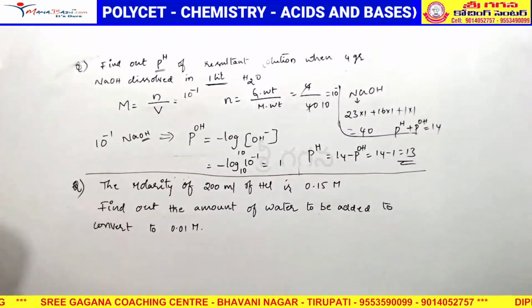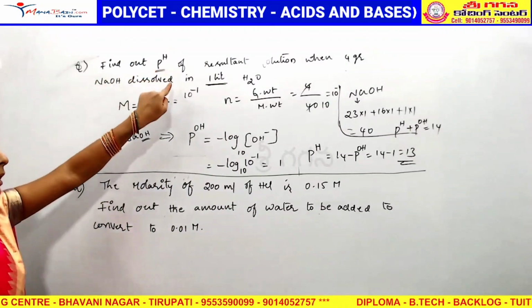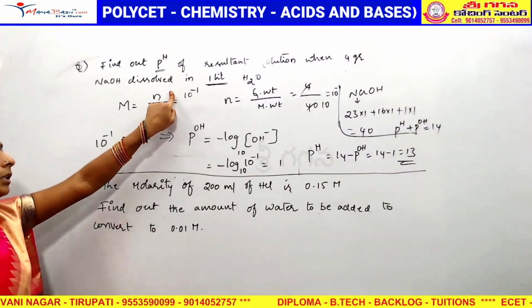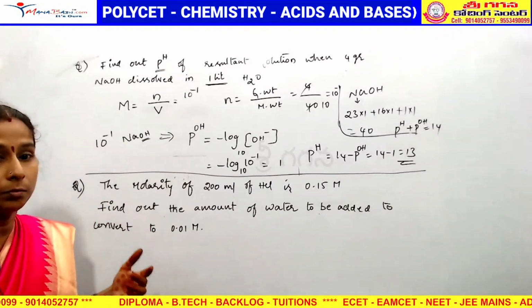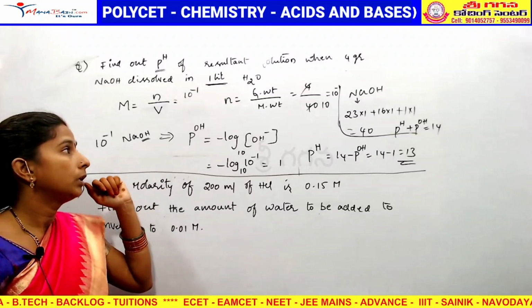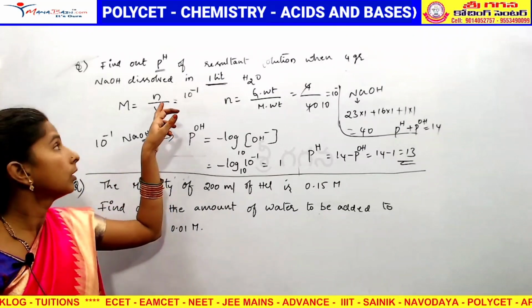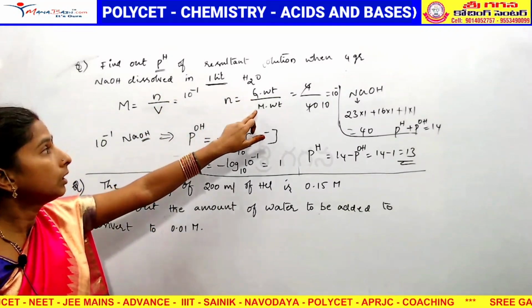So what have we done? They asked us to find the pH by giving the data for the resultant solution. For this solution, the molarity, meaning the concentration, is not given. So first we need to find the concentration. The concentration formula is n by V, that is molarity. n means given weight by molecular weight.